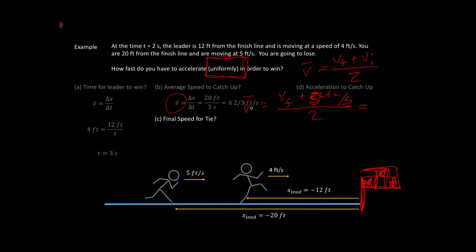That 20 thirds is the v bar, so that 20 thirds feet per second over here. V bar is equal to 20 thirds feet per second, as well as equal to this thing. All right, so let's multiply both sides by 2, so we have vf is equal to 5 feet per second.